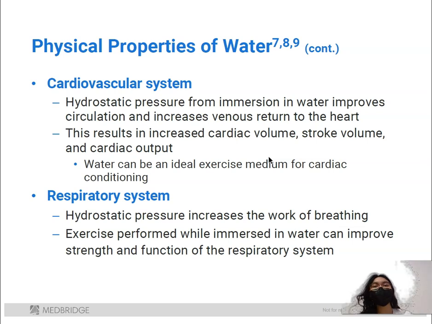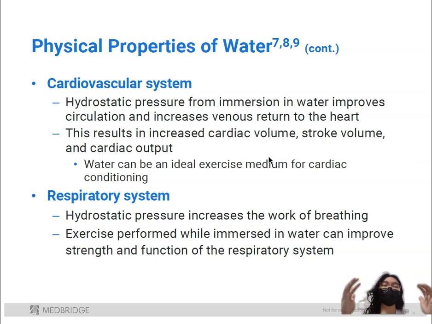Cardiovascular system. Next would be the hydrostatic pressure from immersion in water, improves circulation and increases venous return to the heart. So, yun nga yung sinabi natin kanina, there is higher pressure outside the blood vessel.